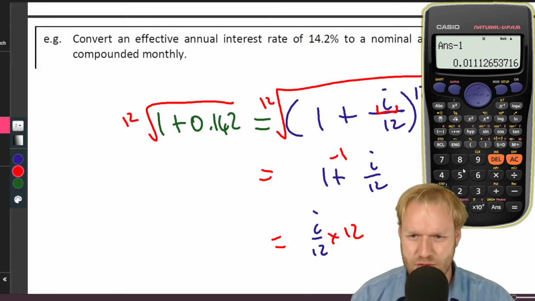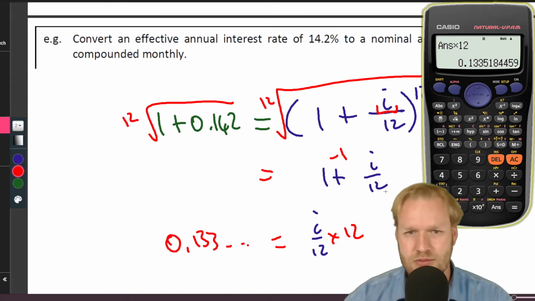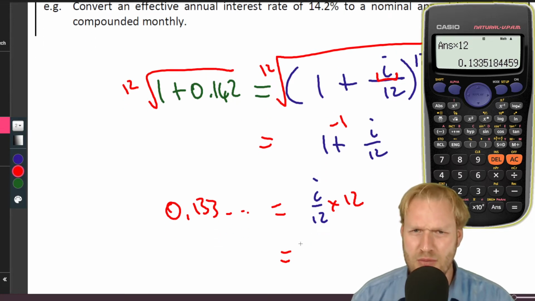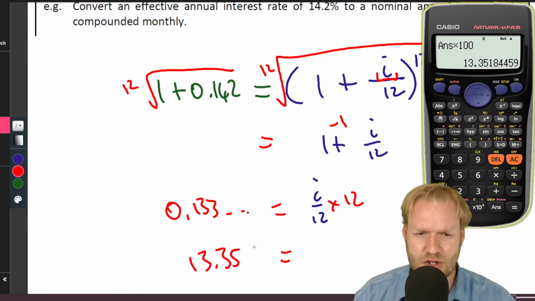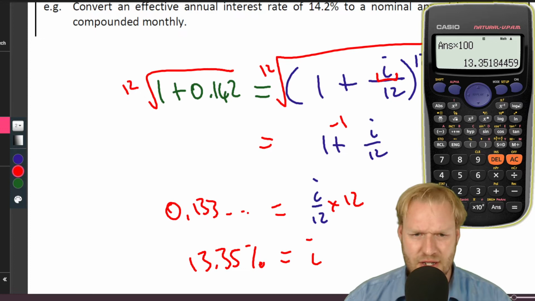Now we need to multiply that by 12, and we get 0,133 and so on. Times by 100 to get it as a percentage, 13,35. I'm just going to go for 2 decimal places by default. That is what I is. And let's just check, does that make sense?